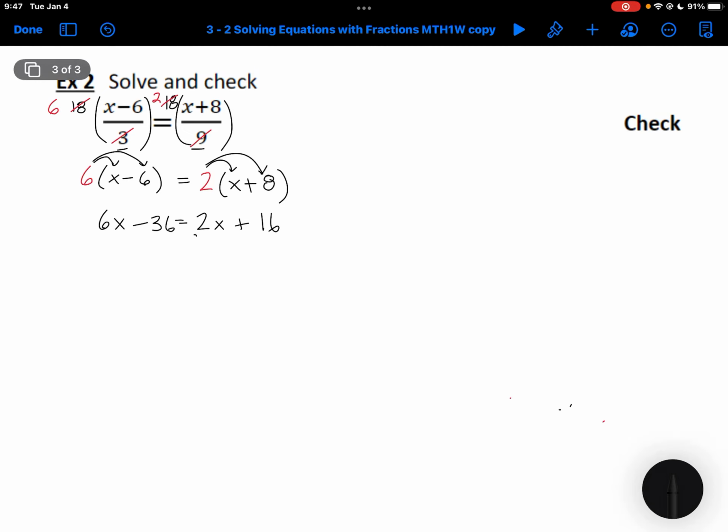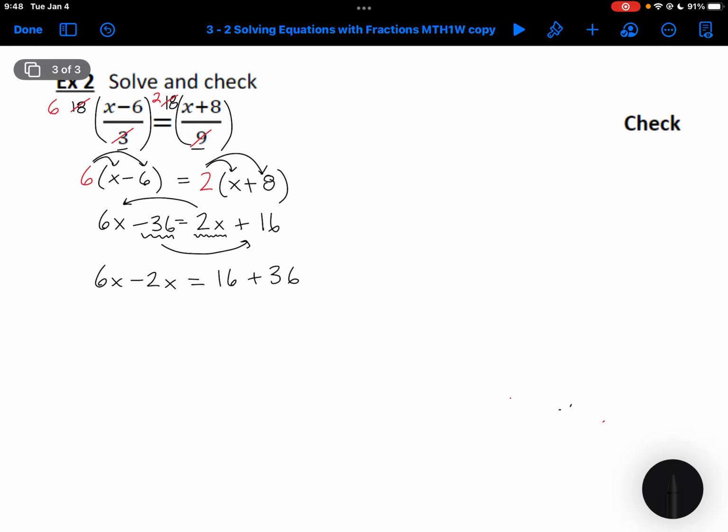And now I can go about moving my terms to get my variable terms on one side and my numerical terms on the other side. Remember, when I bring that 2x over, it was positive on the right-hand side, so it's going to be negative on the left-hand side. And same thing for my number term. The 36 is negative on the left-hand side, so it becomes positive on the right-hand side.